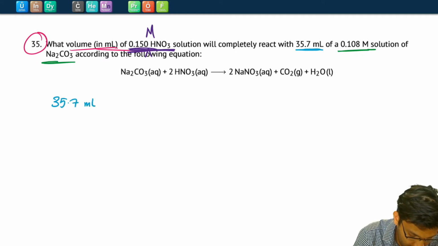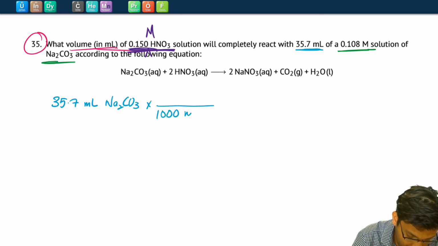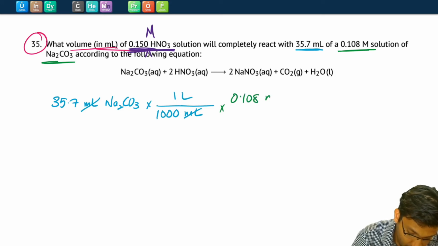35.7 milliliters of sodium carbonate. We need to first convert to liters before we can use concentration, so 1000 milliliters per 1 liter. And the concentration is 0.108 moles of sodium carbonate per liter of sodium carbonate.